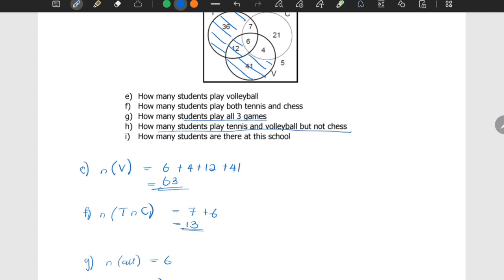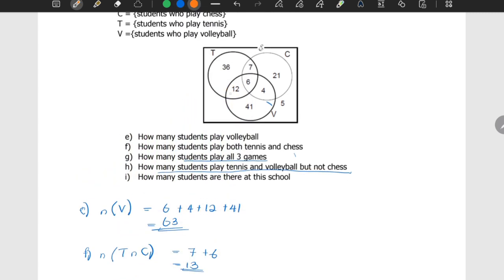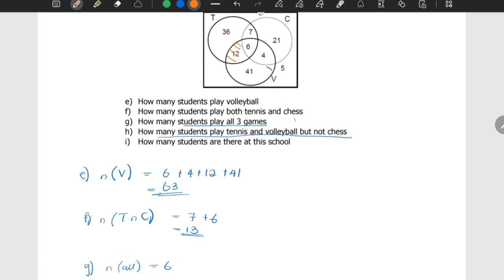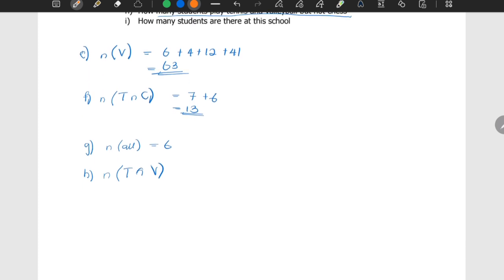Sorry, it just speaks to the intersection of tennis and volleyball. It doesn't include all of them. So it says tennis and volleyball but not chess, which means it should not include the 6 because that includes chess. So that's just going to be equal to 12.